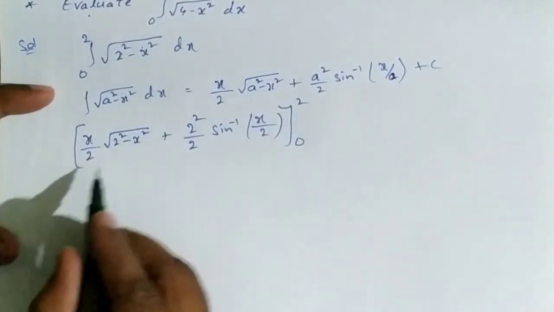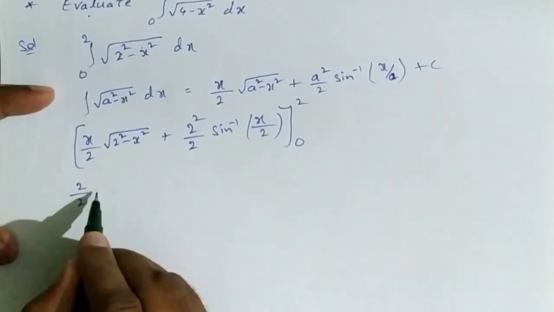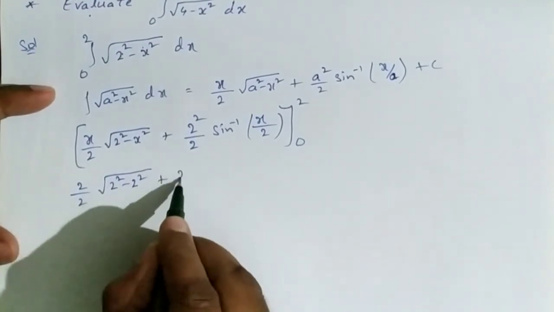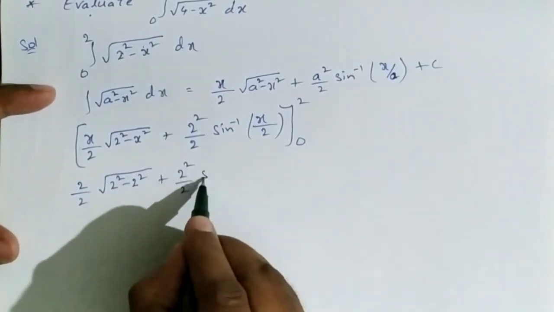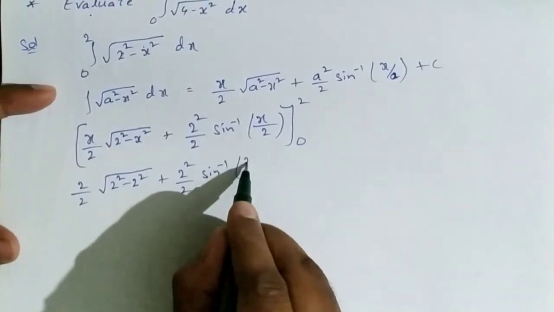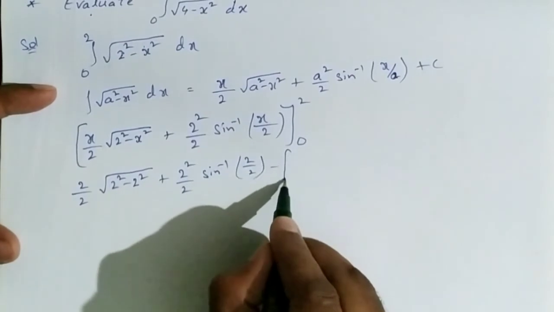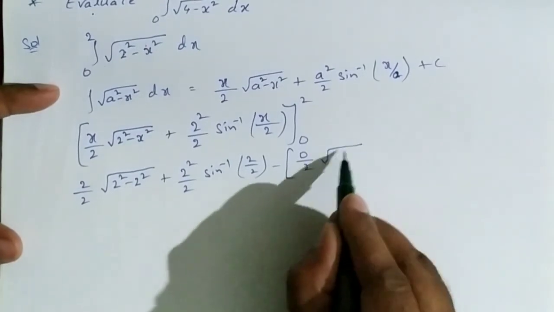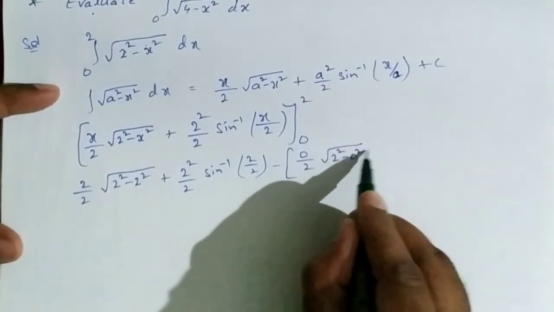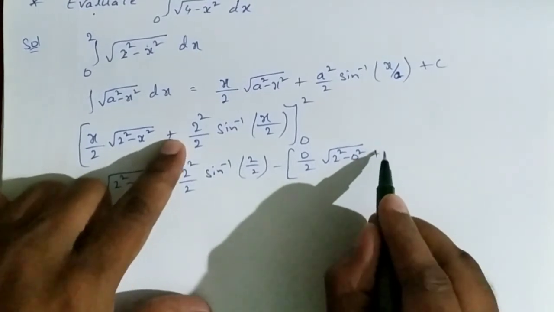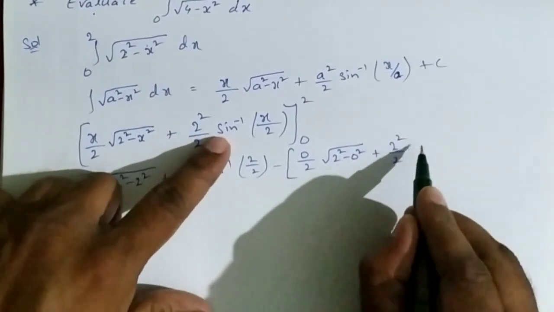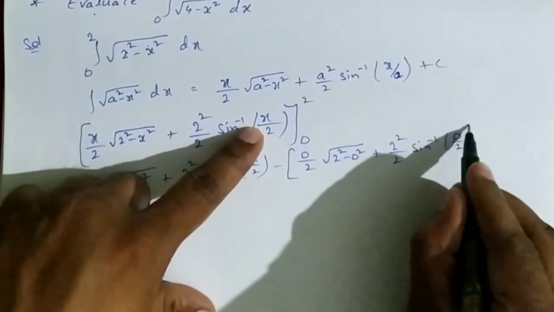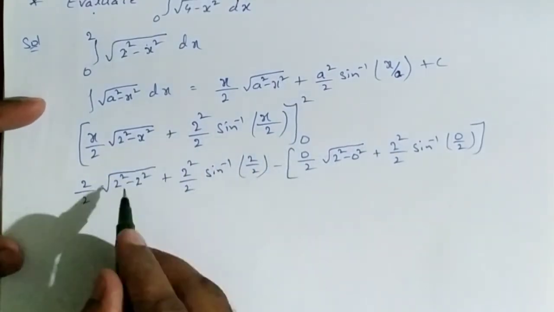First I substitute 2: 2 by 2 root over 2 square minus 2 square plus 2 square by 2 sin inverse 2 by 2, minus, now substituting 0 in place of x: 0 by 2 root over 2 square minus 0 square plus 2 square by 2 sin inverse 0 by 2.